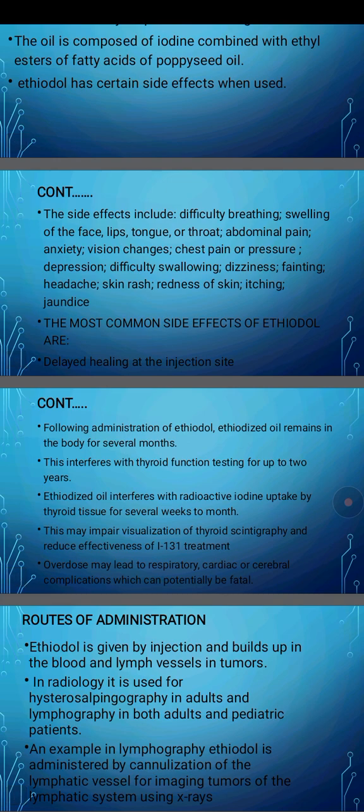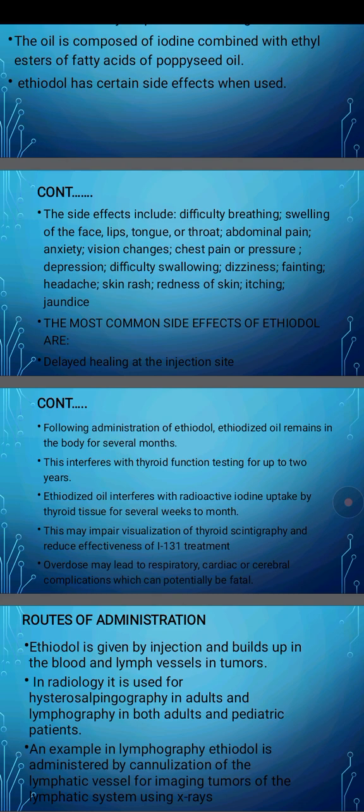An example in which the drug is used in radiology, as I mentioned earlier, is hysterosalpingography, in which we use X-rays to view the inside of the uterus or the fallopian tubes.